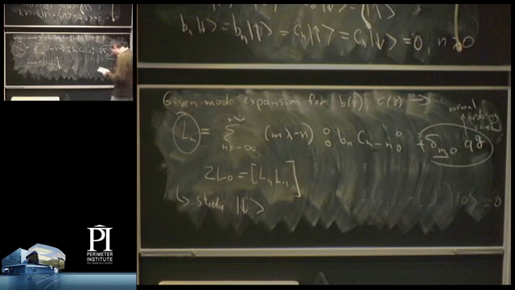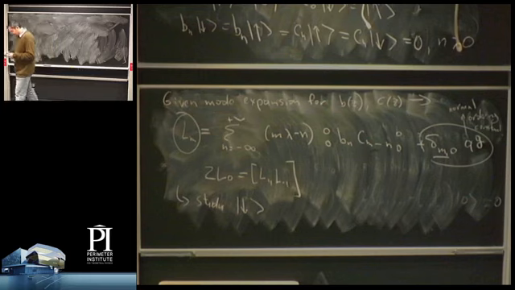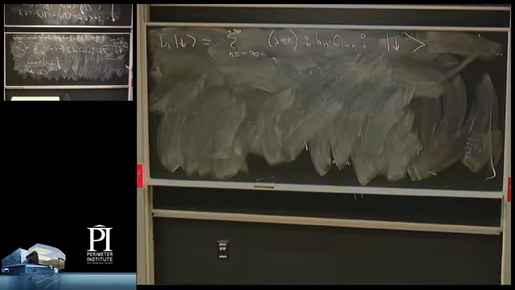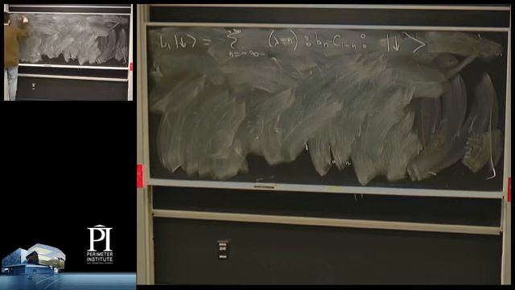And so what we're going to study is the action of both sides of this identity on the down state. Okay, so let's look at L1 acting on the down state.